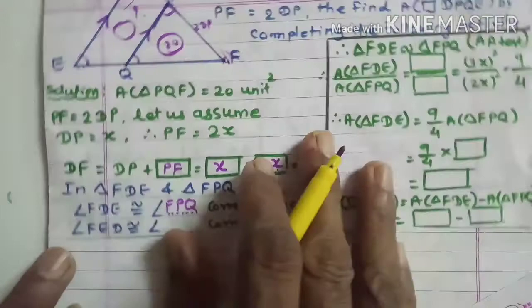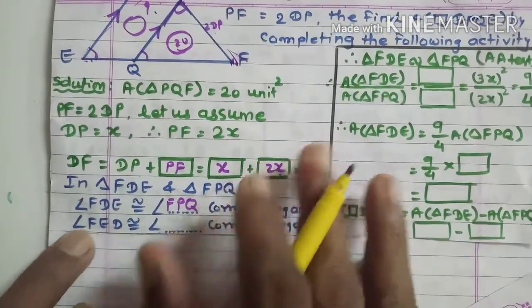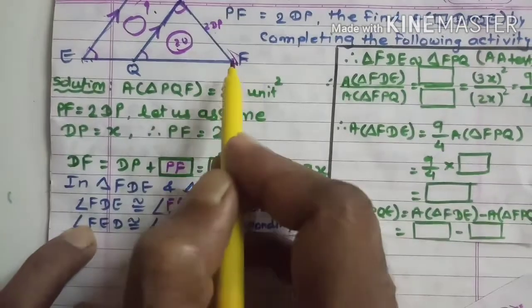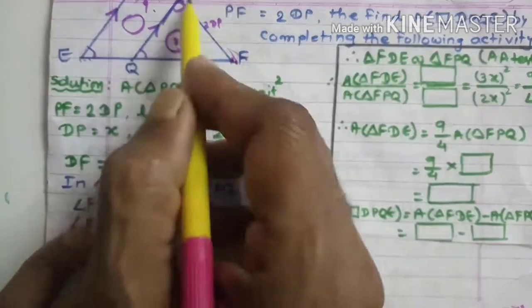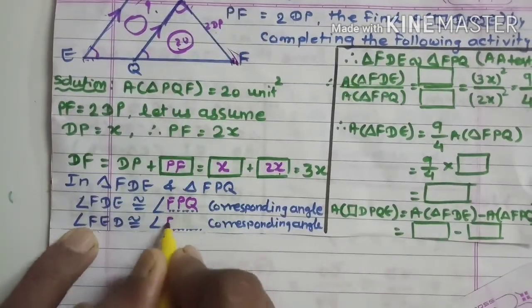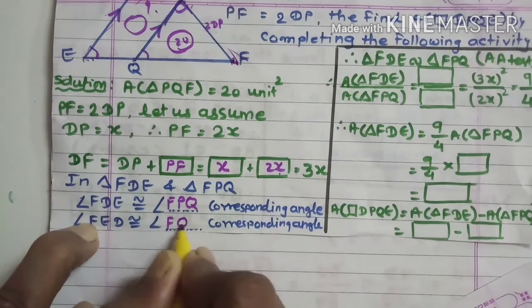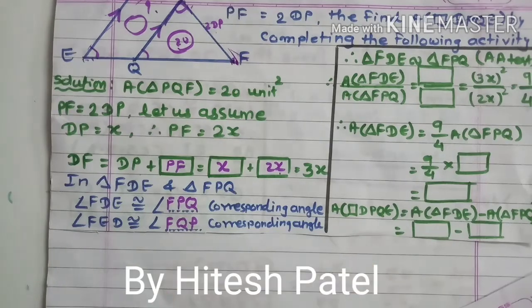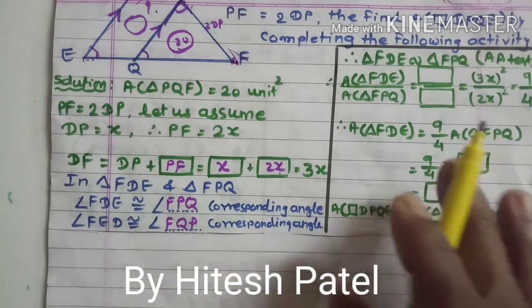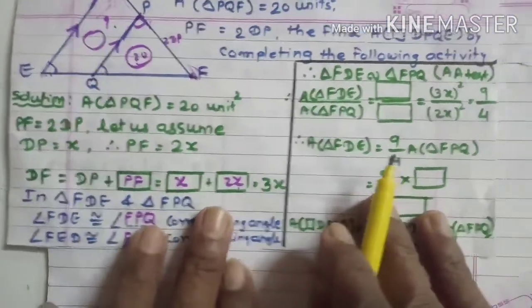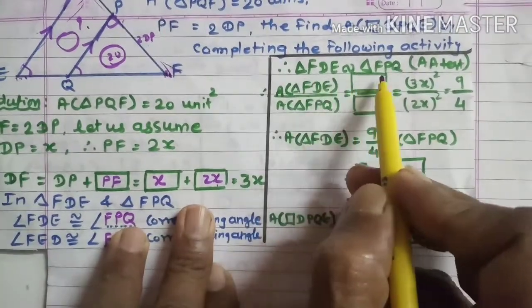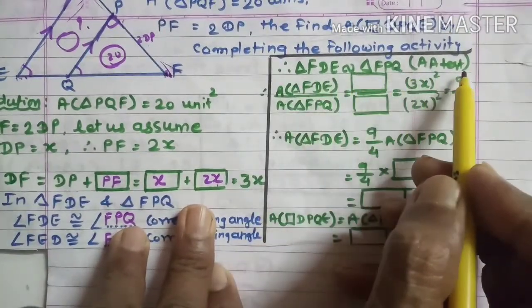Okay, then in angle FED congruent to angle FQP, once again corresponding angle. So in the two triangles, two corresponding angles are congruent, therefore they are similar. Okay, similar by AA test. So here triangle FDE is similar to triangle FPQ by AA test.